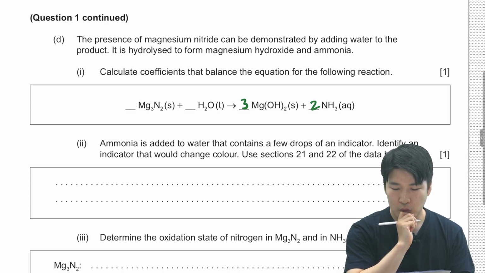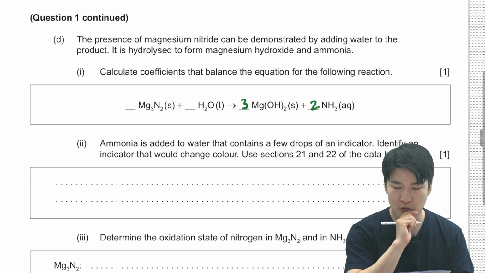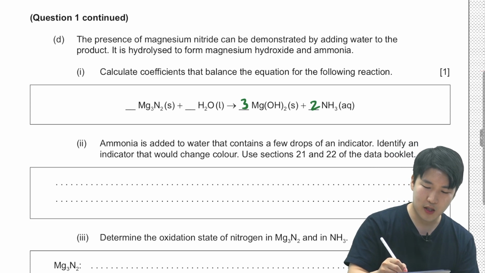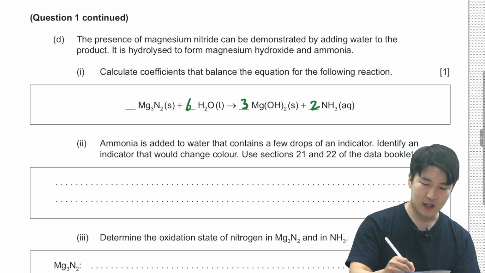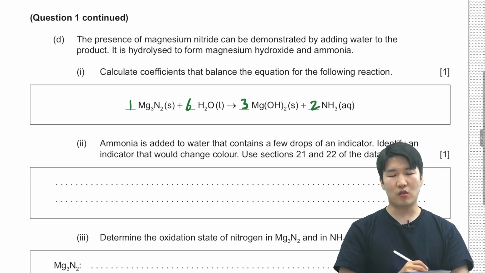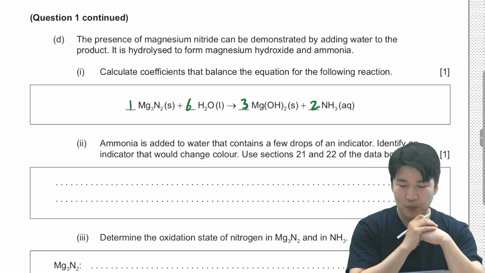So we've got 9 hydrogens. No, sorry, not 9, but 12 hydrogens and 6 oxygens. That's perfect to give water a stoichiometry of 6. 1 magnesium nitride, 6 water, 3 magnesium hydroxide, 2 ammonia.